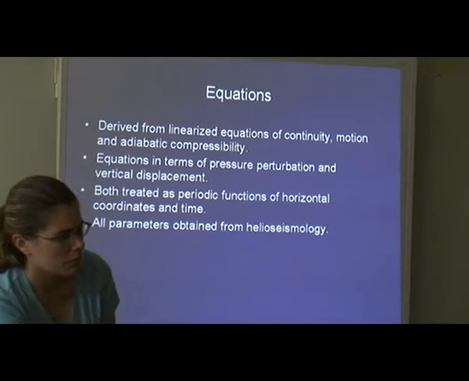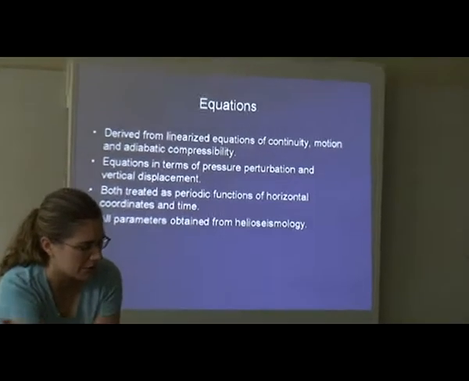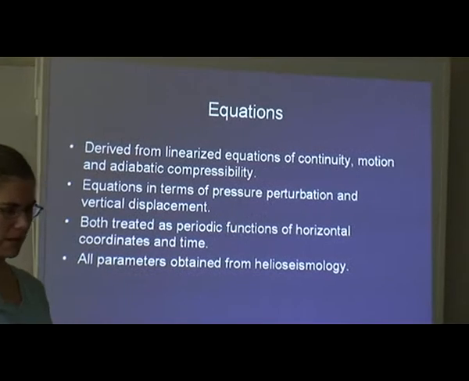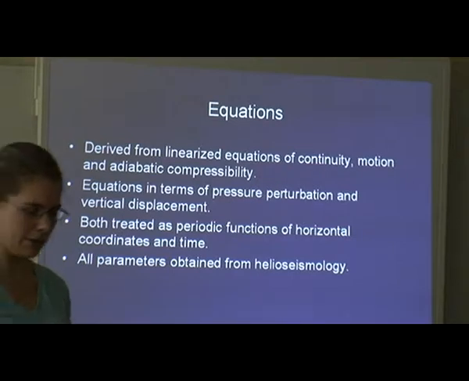And so we've got equations that are derived from the linearized equations of continuity, motion, and adiabatic compressibility. We're looking at them in terms of pressure perturbation and vertical displacement. We're considering both of these to be wave-like, periodic functions in the horizontal coordinates and time, so we're only really looking at some unknown variation in depth.